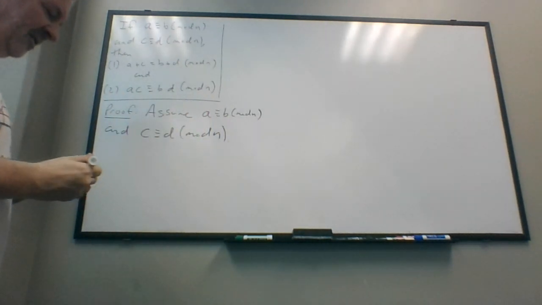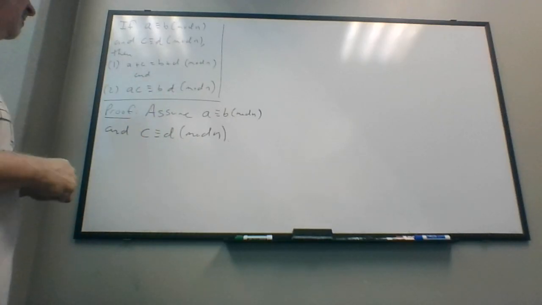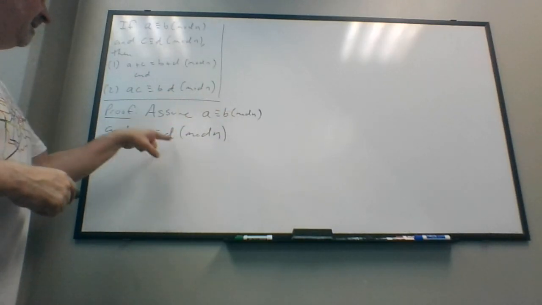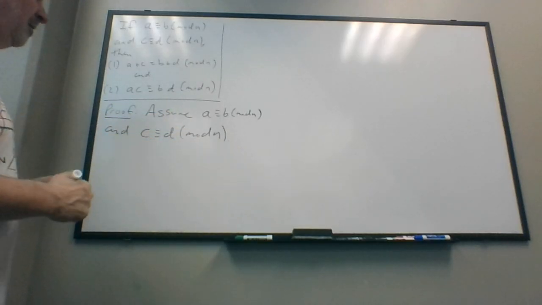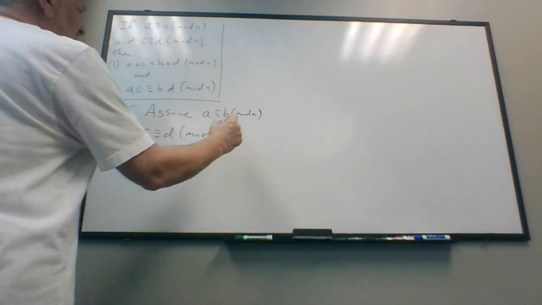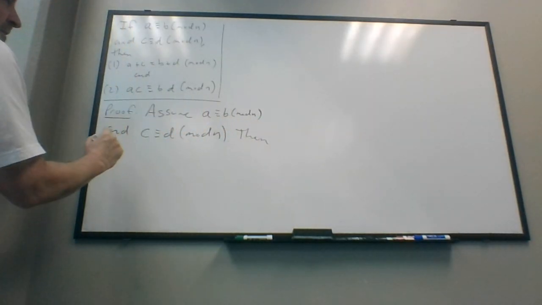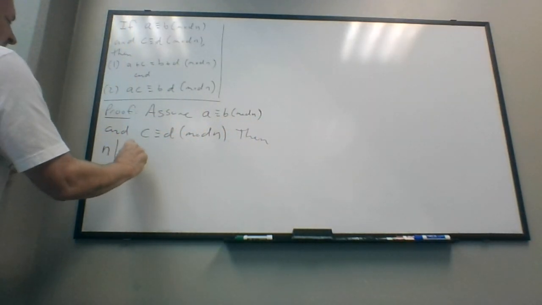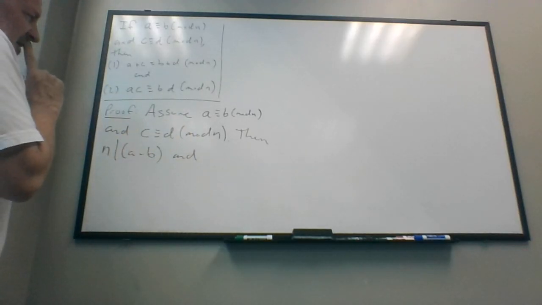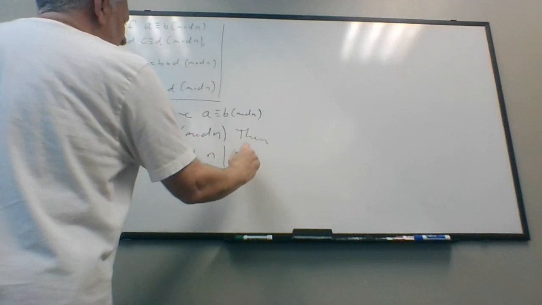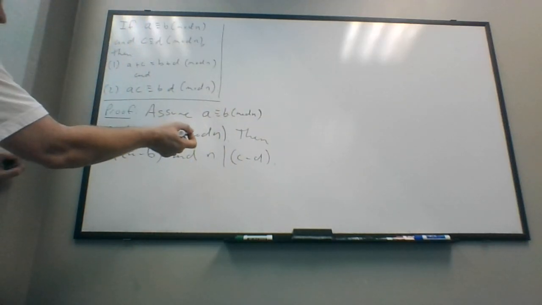If you look back, the assumptions have the same flavor as the transitivity property in the last theorem, but there we had A to B and B to C, so we have an extra variable. But if you look at what we're about to do, it's exactly what we did in the last theorem. Let's use the definition. What does it mean for A to be congruent to B mod n? N divides A minus B, and for C to be congruent to D mod n, that means N divides C minus D. Now, what's the definition of divisibility?